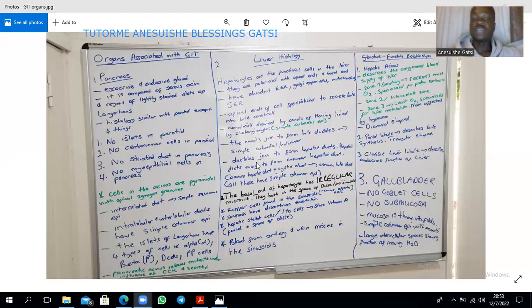Right? So that can be a very good concept in pathology. Those Ito cells will simply become transformed into myofibroblast-like cells.